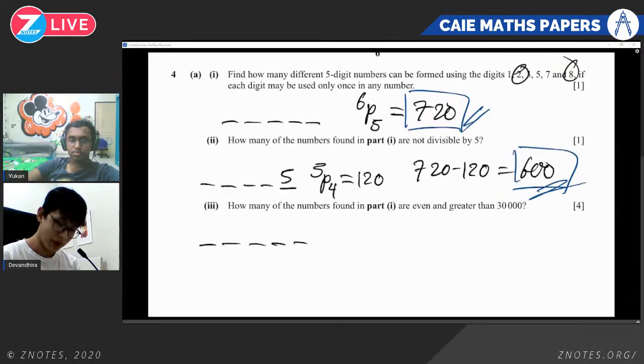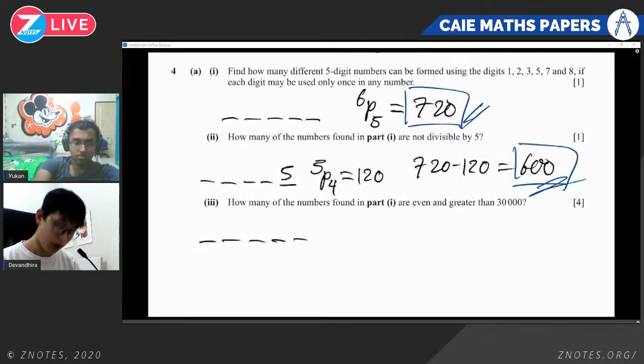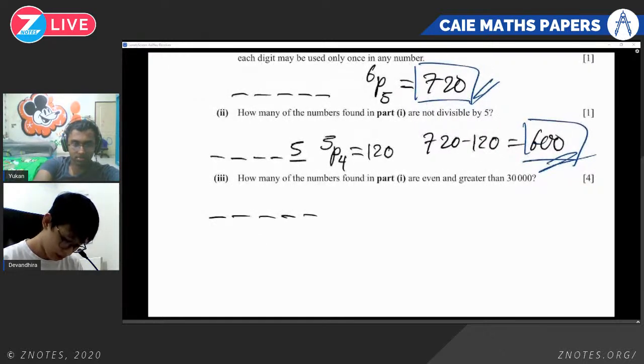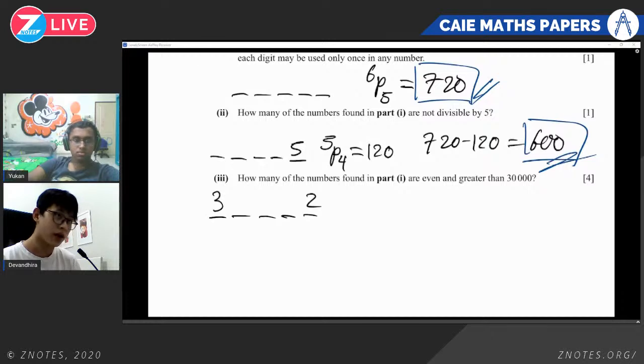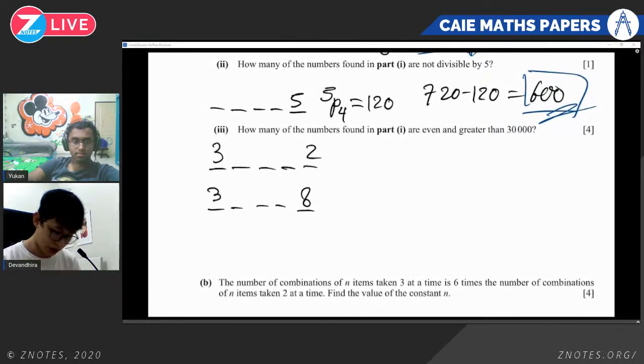Okay, so let's first start with the smallest possible even number, which is when the first digit is 3 and the last digit is 2, correct? We'll have to split this into situations, into a few cases. So when the last digit is 2 and the first digit is 3, and we'll keep doing this until we reach our highest number.